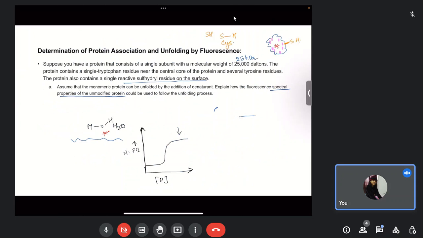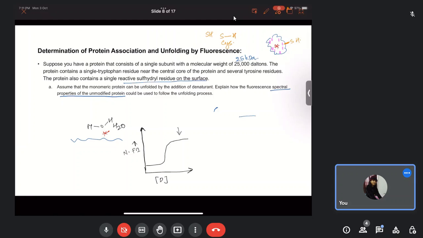The second part of the problems was about protein association and unfolding: how can we follow protein association and unfolding using fluorescence? Please let me know if you have any questions.